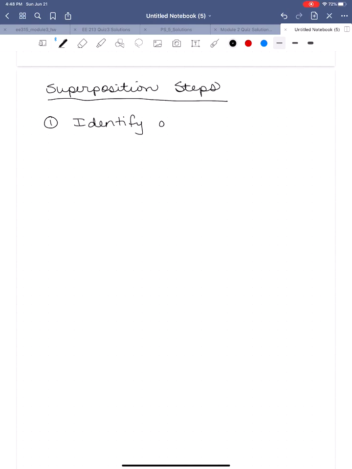We are going to identify all independent sources in the circuit. And this is important. All independent sources. I'm going to put a box around it. If they're not independent, it's going to change how we approach the circuit.